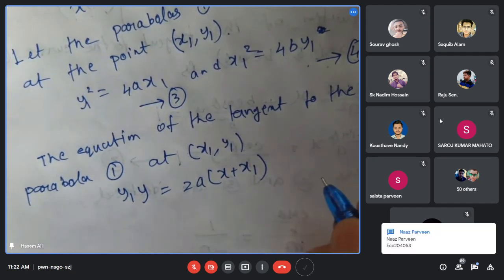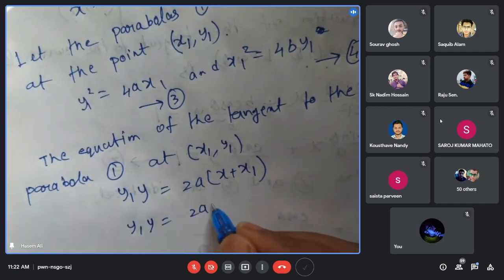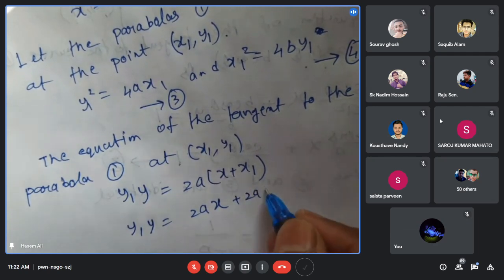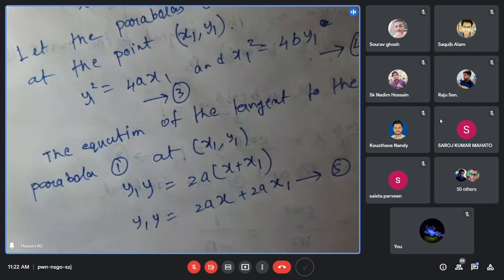So it is y1 y equals to 2ax plus 2ax1. This is our equation 5.